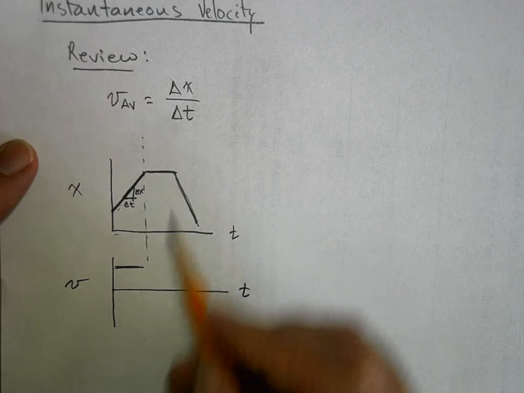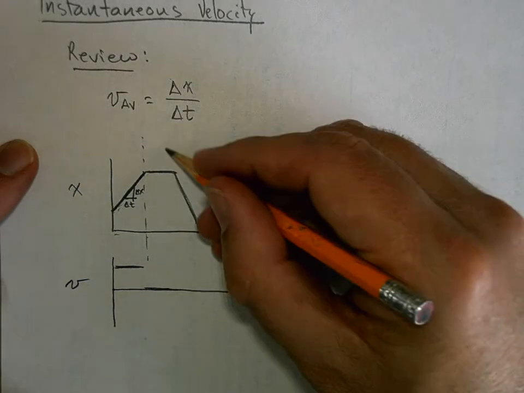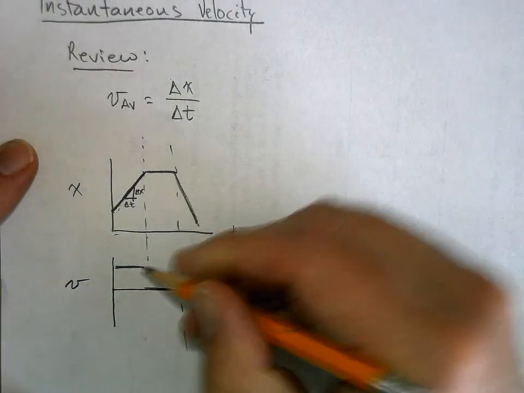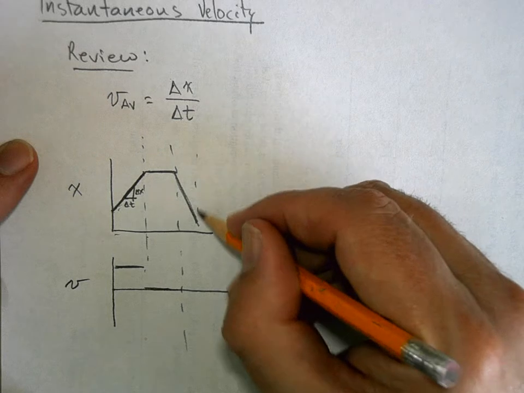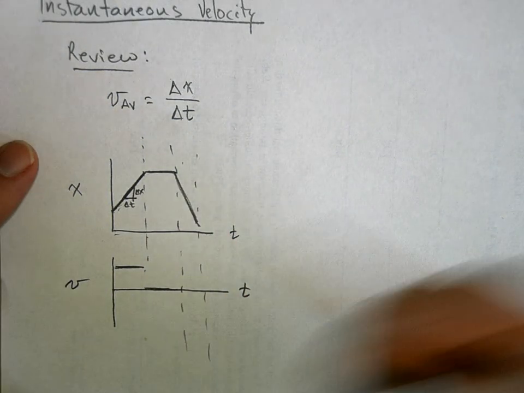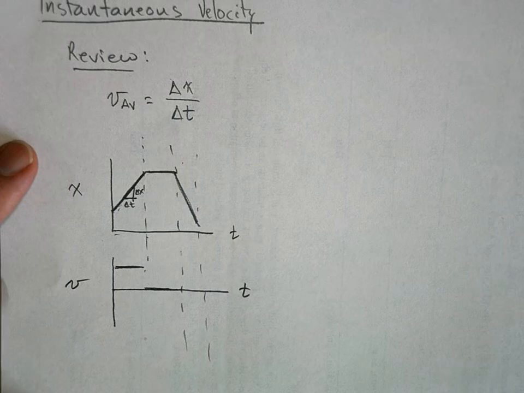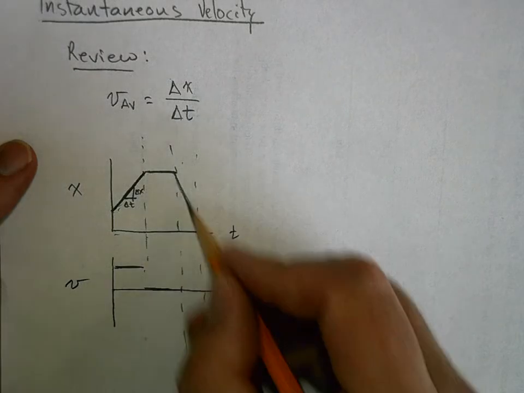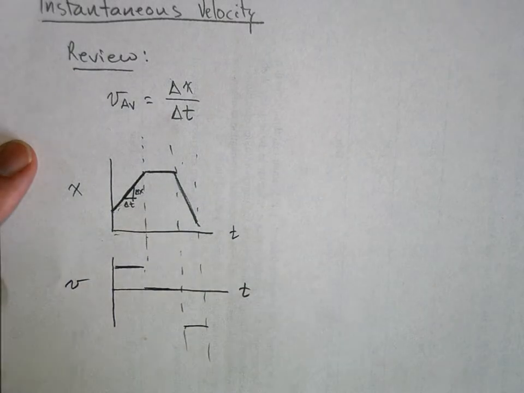And then right here, the velocity is 0. And then for these last couple of seconds, what's true about the velocity? The velocity is negative because you're going back the other way. You're going in the negative x direction. And it looks pretty steep, so I'm going to drop it down like that.